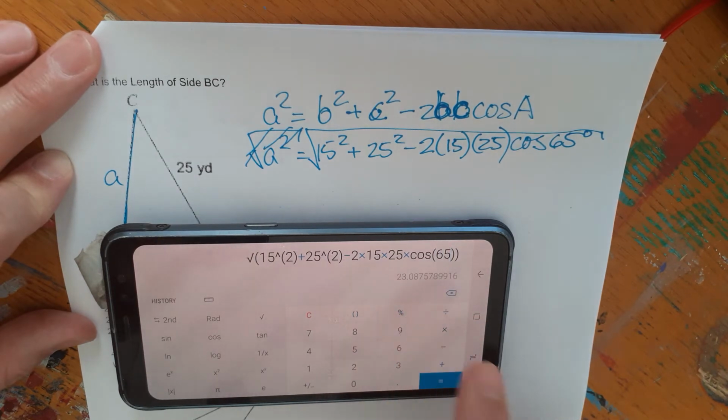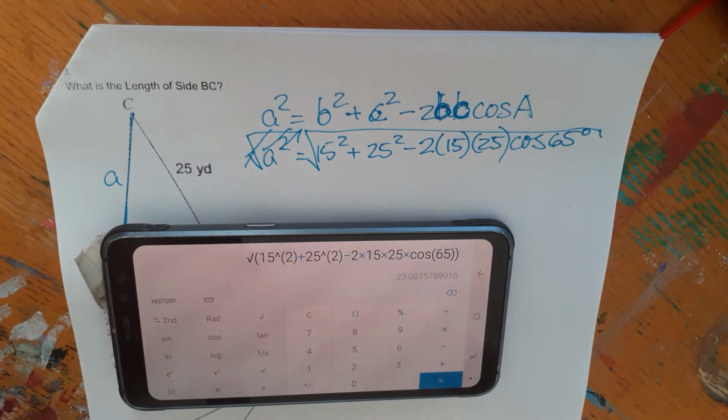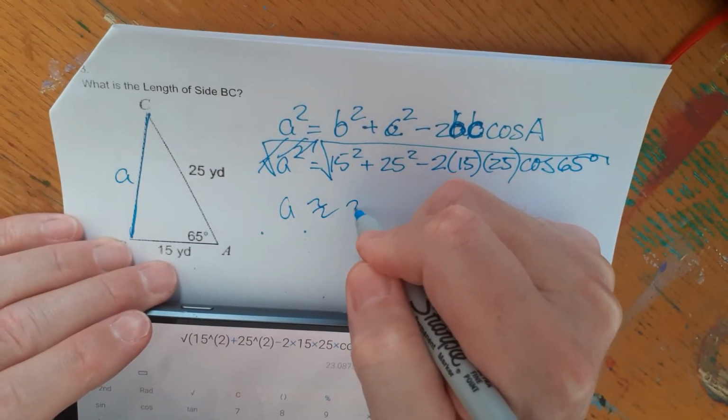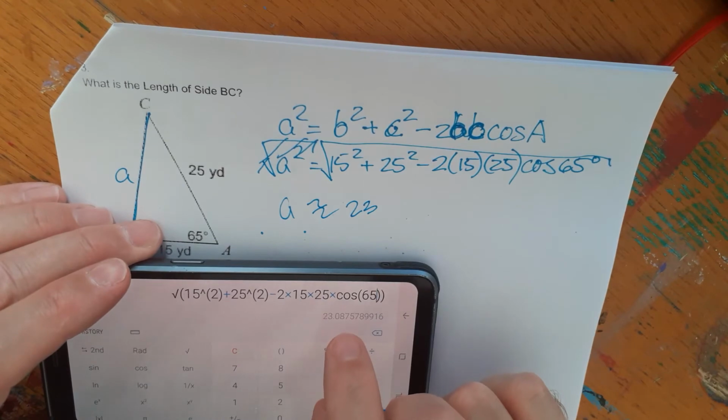Right, 23.087. A is approximately equal to 23.09.